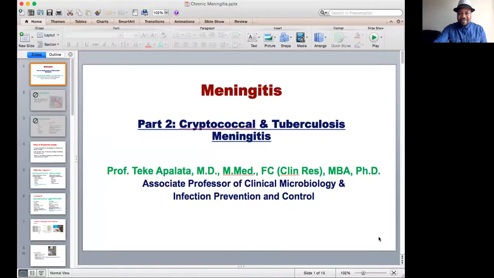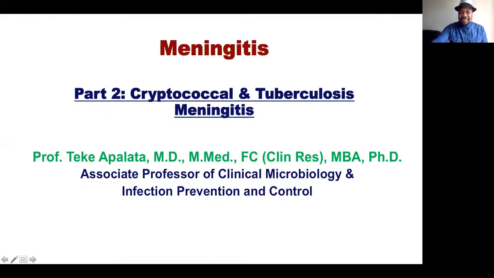So let's look at the first part of our lecture series on meningitis, and mainly chronic meningitis. For fungal meningitis, we will mainly focus on cryptococcal meningitis, which is a type of fungal meningitis.